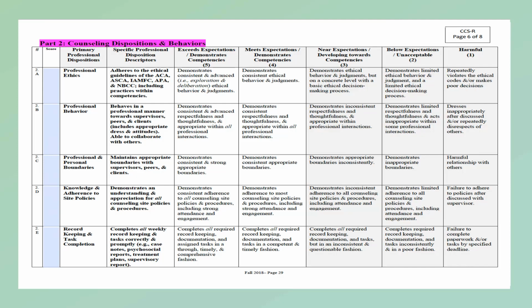Professional behavior: behaves in a professional manner towards supervisors, peers, and clients, includes appropriate dress and attitudes, able to collaborate with others. So you're in your first class. You've been at work all day. You're tired. You want to come in your sweatpants and t-shirt to class at night.